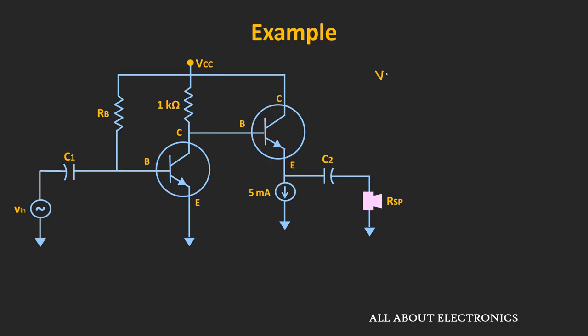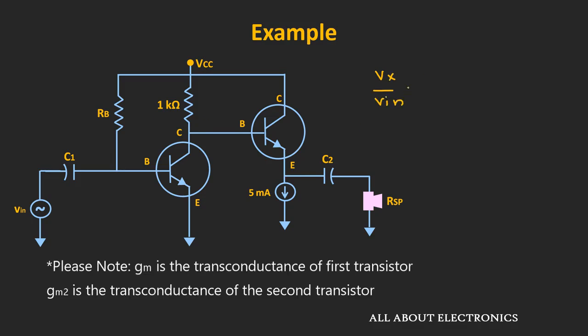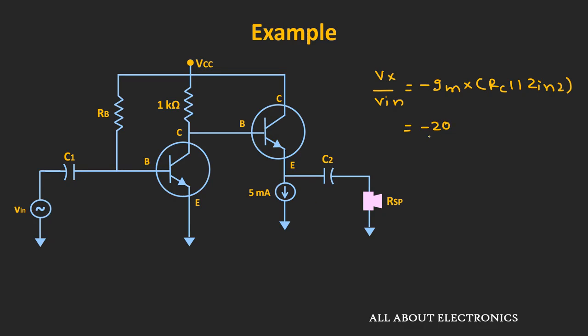That means Vx divided by Vin can be given as minus gm times Rc parallel Zin2. That is equal to minus 20 divided by 1000 times 1 kilo ohm in parallel with 1.3 kilo ohm. And if you calculate the value, then it is equal to minus 11.3.